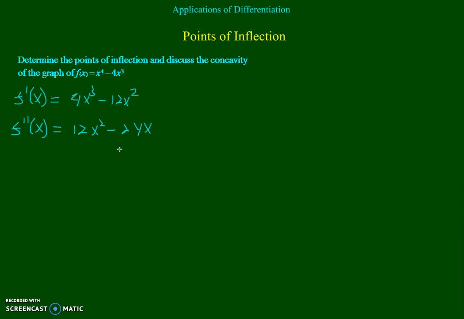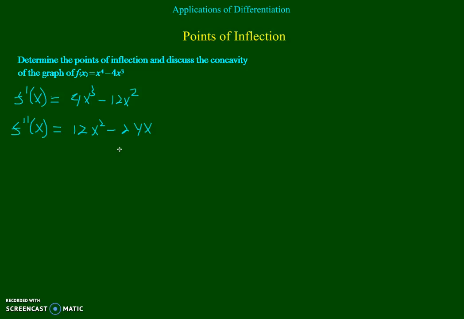We learned from the definition of points of inflection that the concavity has to change from negative to positive or positive to negative, or up to down or down to up. That implies that not everywhere where the second derivative is 0 or undefined are we going to find points of inflection. So we've got to be careful about this. So we're going to go ahead and find what we're going to call potential points of inflection.